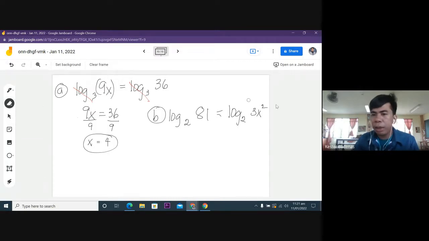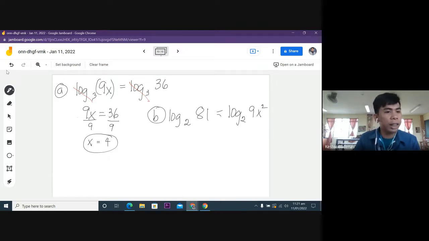Adjust, diba? 9x squared na lang. Okay, so 9x squared. So, if we have logarithm of 81 with the base 2 is equal to logarithm of 9x squared with the base 2.